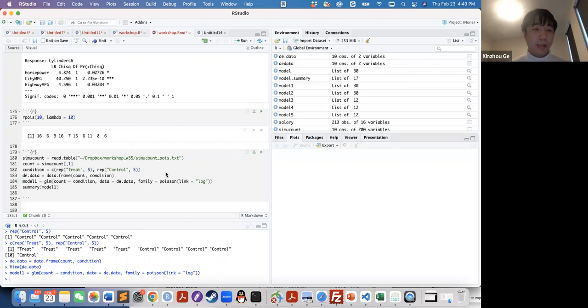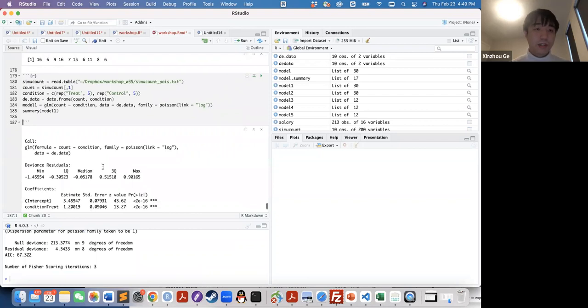Then we get the output of the generalized linear model, and we name it model 1, and we can run summary of model 1 to see the results.